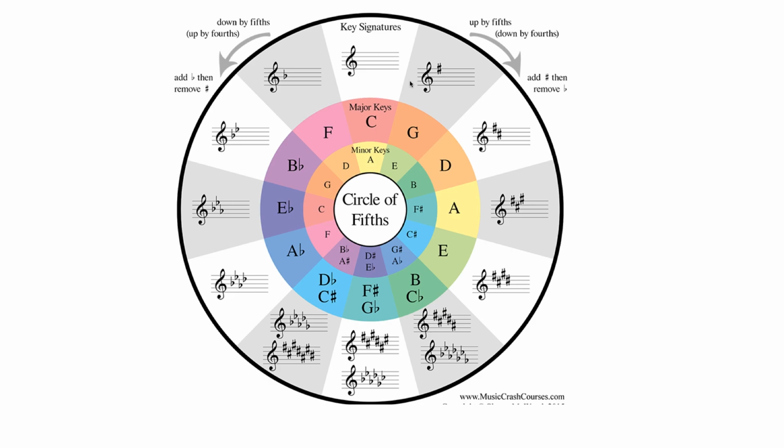And here we have the cycle of fourths, because from C to F we have 4 notes: C, D, E, F. And then we have one flat. From F to B flat we have another 4 notes, so we have 2 flats. From B flat to E flat we have another 4 notes and 3 flats.